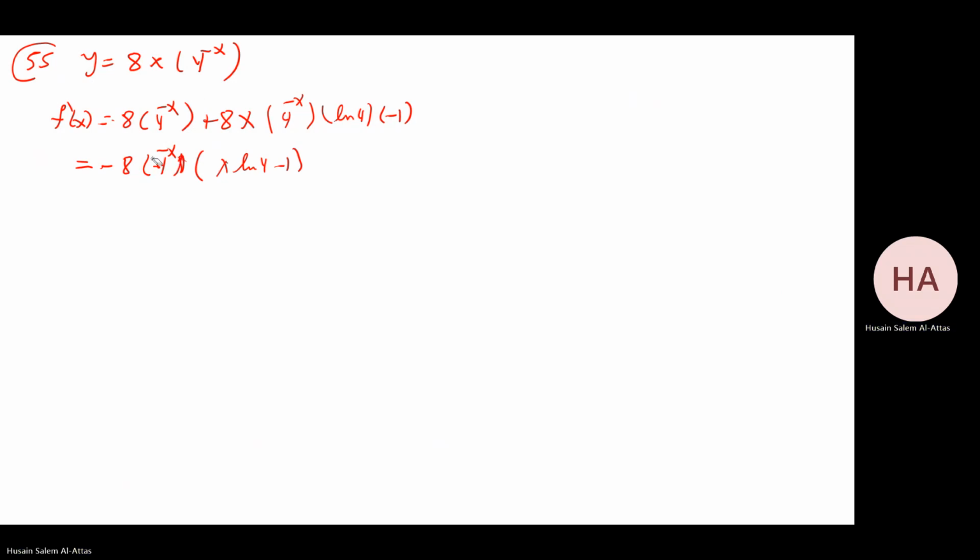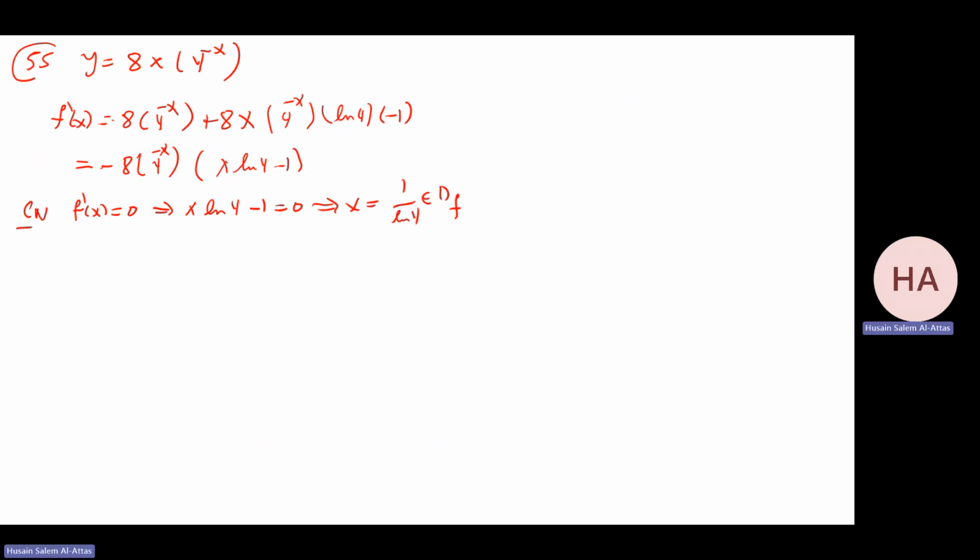Okay. This is 4 to the minus x. Critical numbers: I have f prime equal to 0. So I need to solve x ln 4 minus 1 equals 0, or x equals 1 over ln 4, which belongs to the domain. Domain is R. I have no problems here. Okay. Now check f double prime.